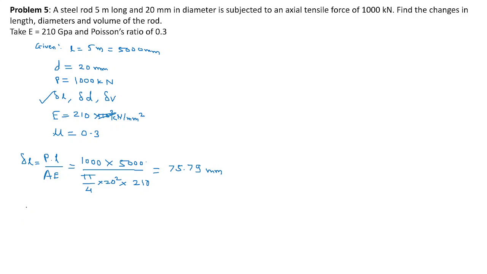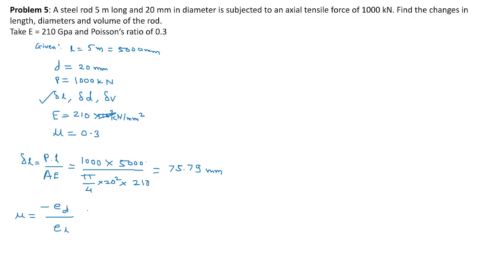Next, find delta D. For delta D we can take the mu formula. Poisson's ratio is minus of lateral strain, meaning diameter strain, divided by longitudinal strain.